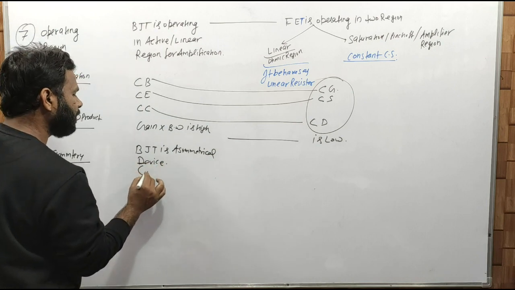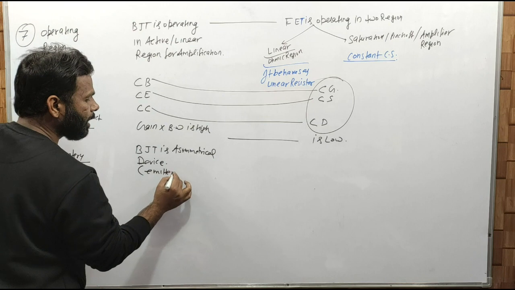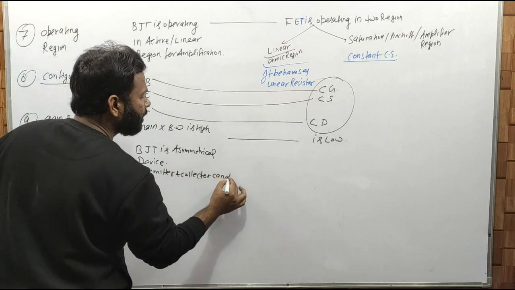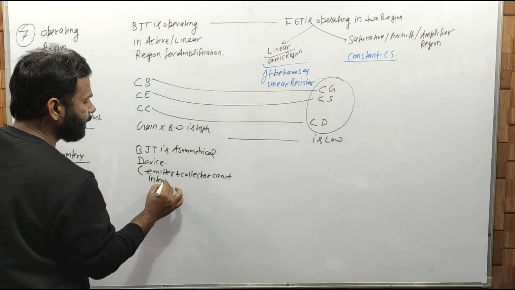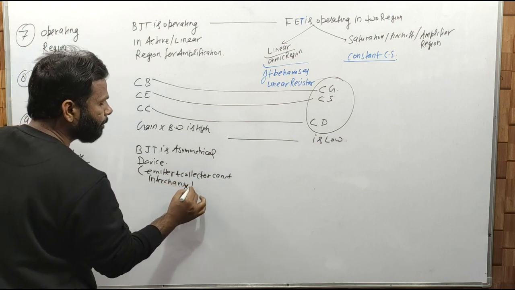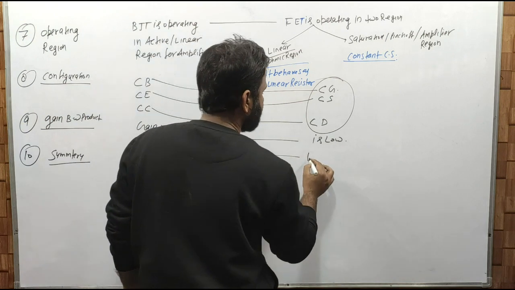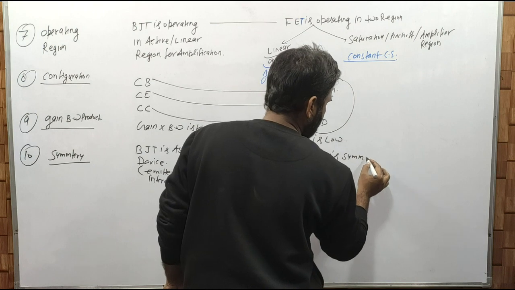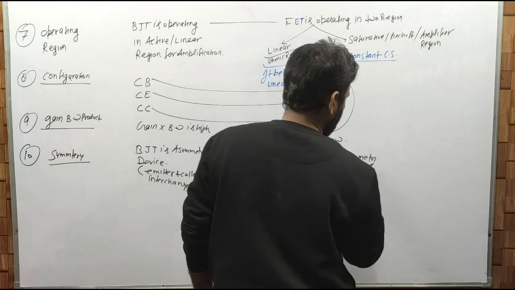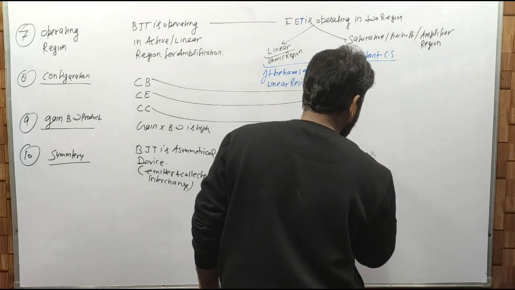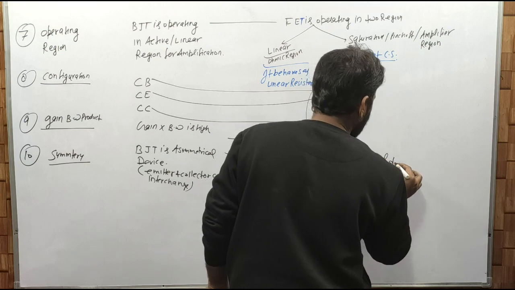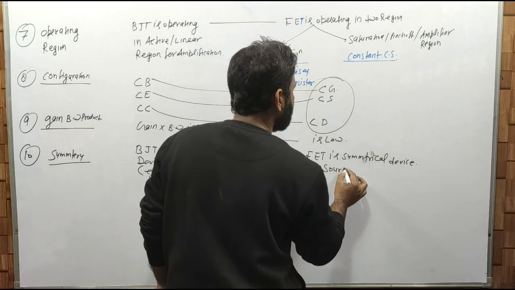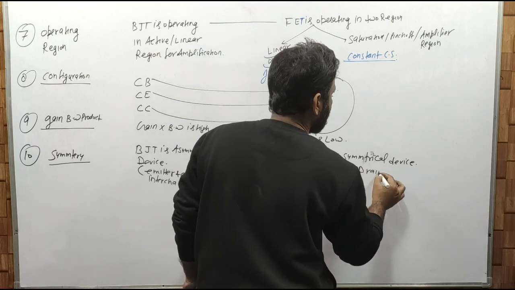That means emitter and collector cannot interchange. But FET, field effect transistor, is symmetrical device. ठीक है यहाँ तक.